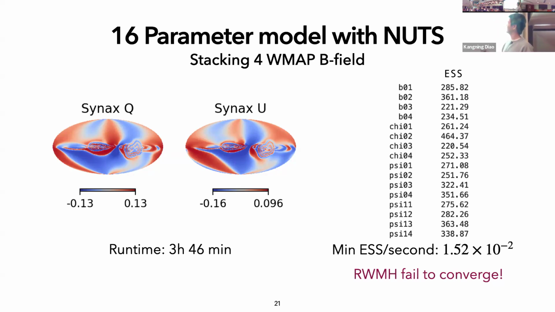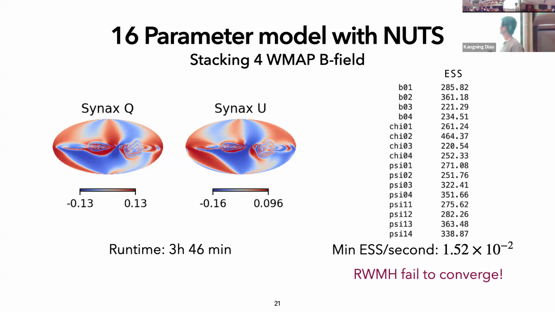We simulate a map like this, and all other fields, including noise, are similar to the previous mock observation. We use NUTS to infer the parameters here, and NUTS took less than 4 hours to finish 1,000 iterations. The effective sample size is reported here, and you can directly see the minimum effective sample size is of order 10 to the minus 2 per second.